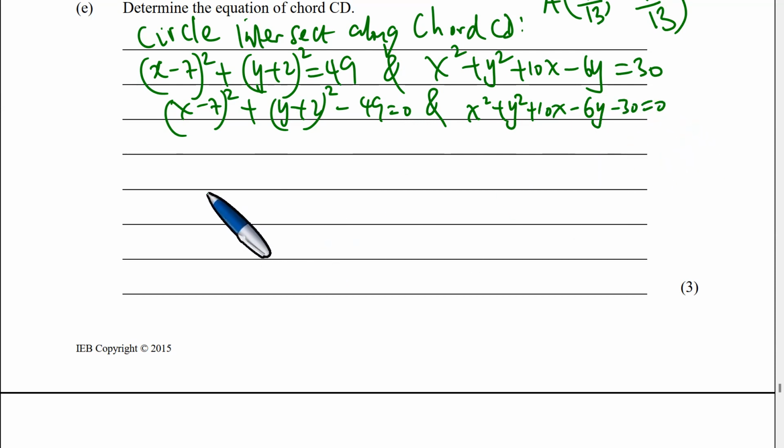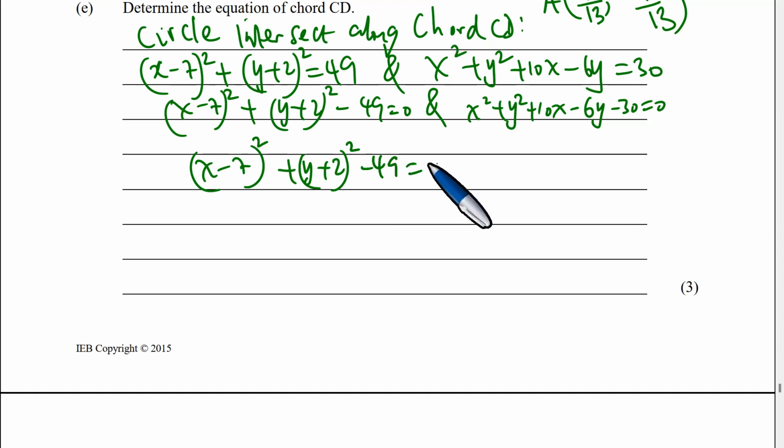These two equations both are equal to 0, which means x minus 7 squared plus y plus 2 squared minus 49 is equal to x squared plus y squared plus 10x minus 6y minus 30.